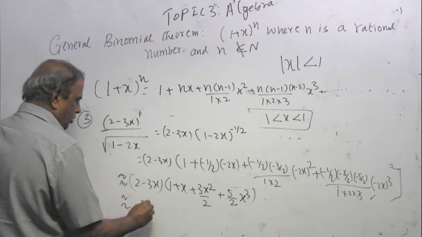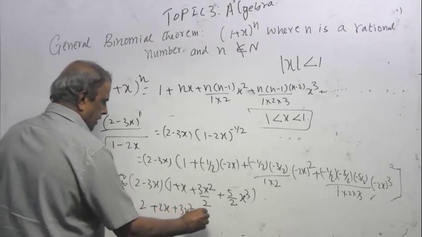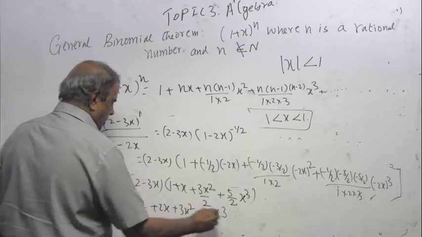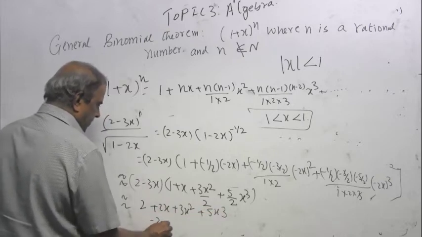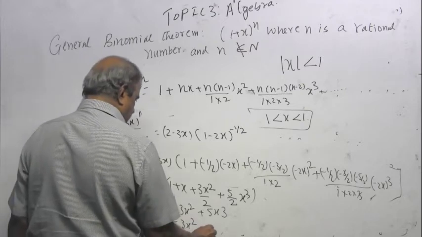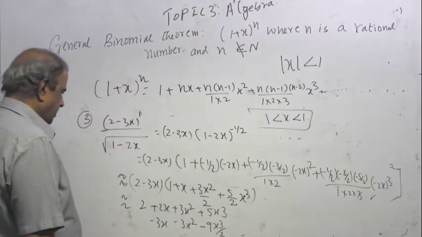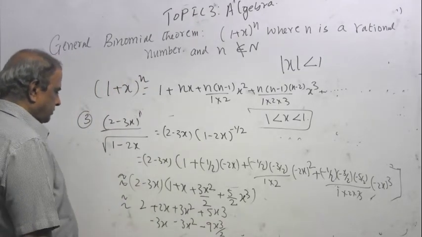Multiply through by 2. 2 plus 2x plus 3x squared plus 5x cube minus 3x minus 3x squared minus 9x cube over 2. I don't want the x power 4 term.